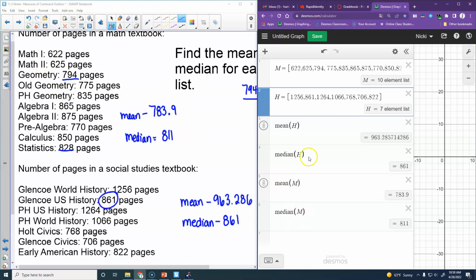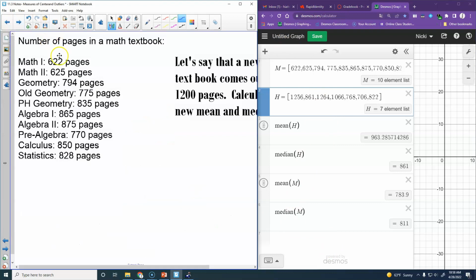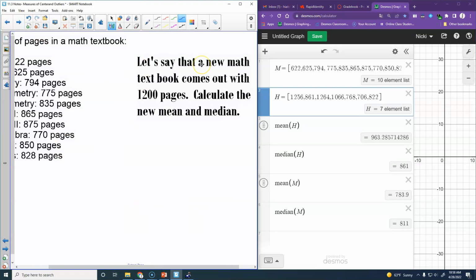Right. The other really good thing about doing this on Desmos is if we look at the next slide, it's the same list of numbers, but it says over here, let's say that a new math textbook comes out with 1,200 pages. Calculate the new mean and the new median. So if you've done this on Desmos, look at all you have to do, right?